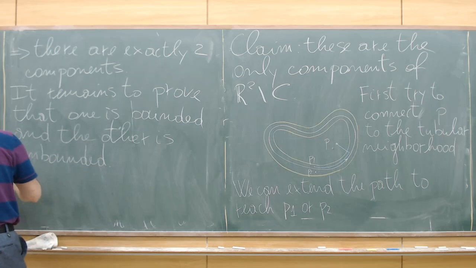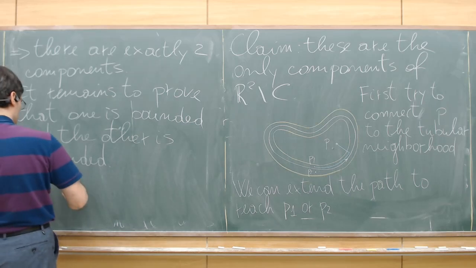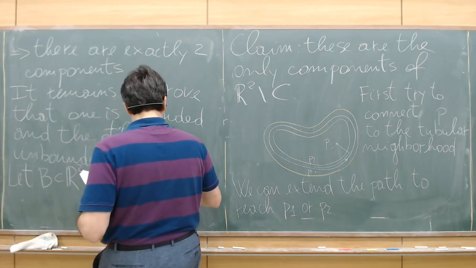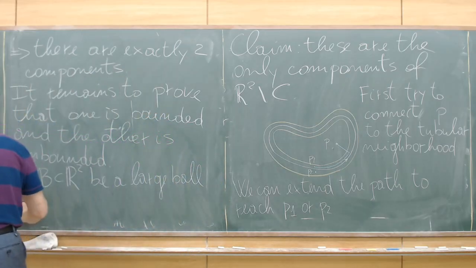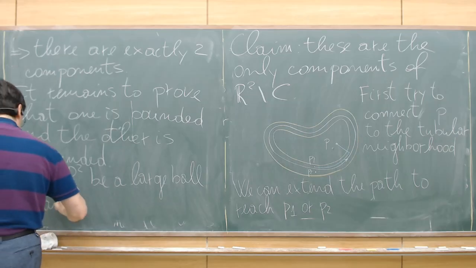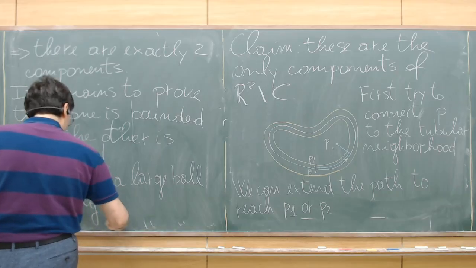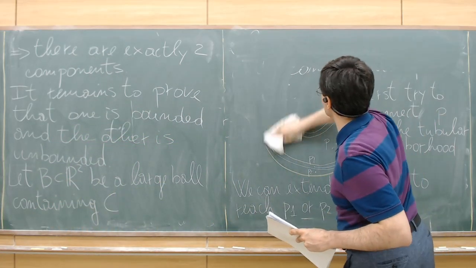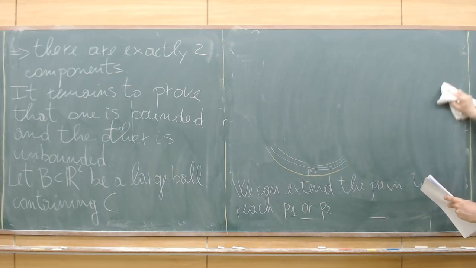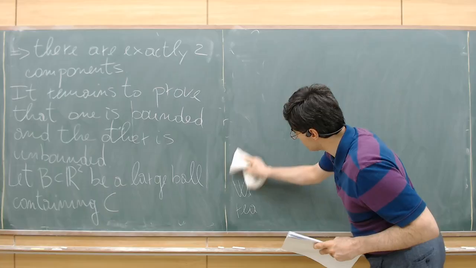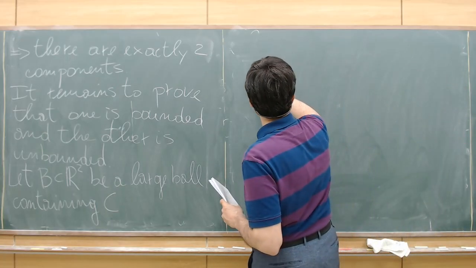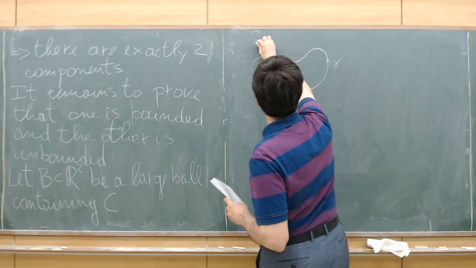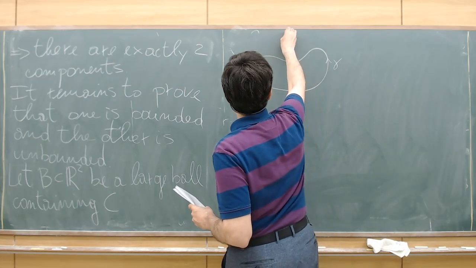So let B in R2 be a large ball containing C. So for example, if this is the trace of gamma, then we can take this ball here.